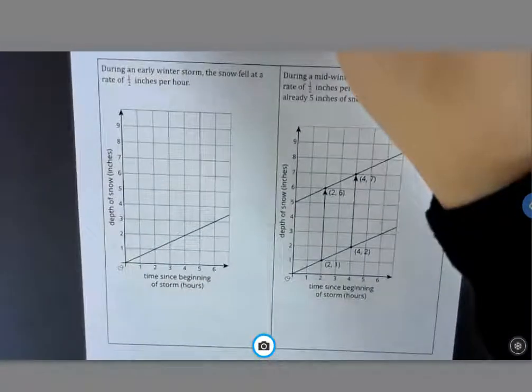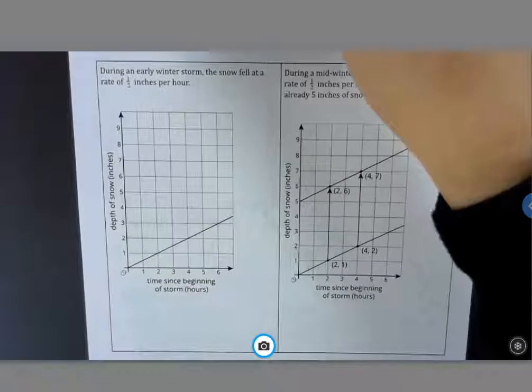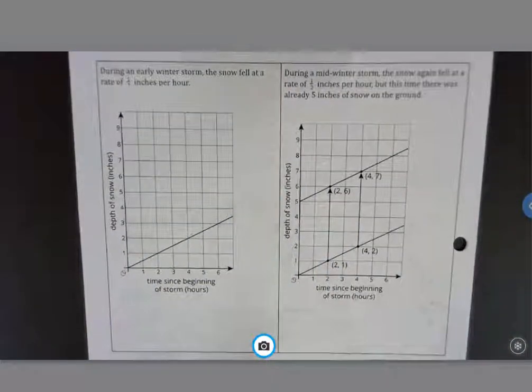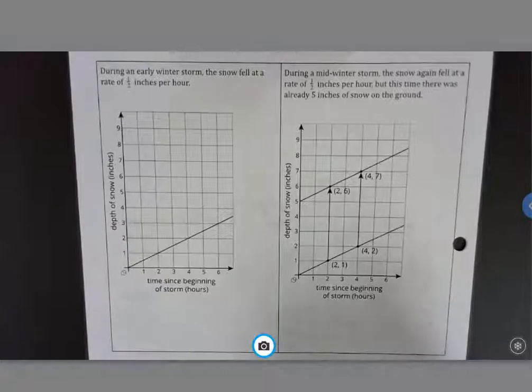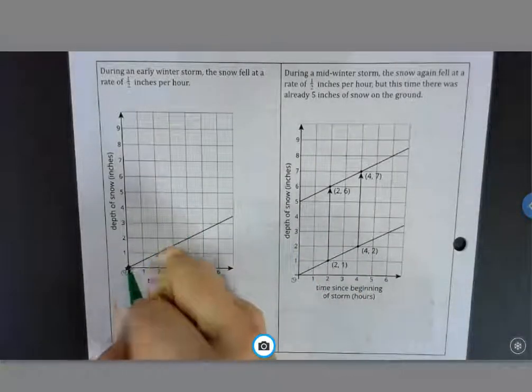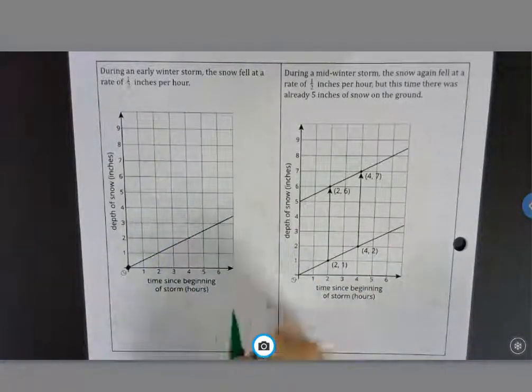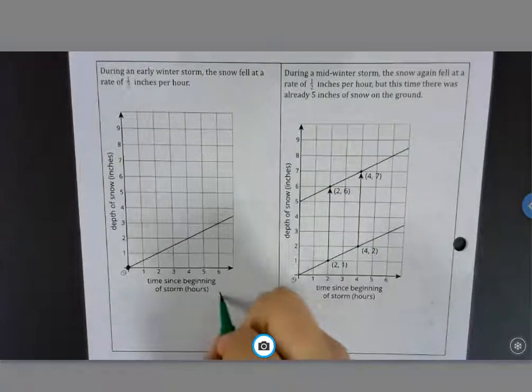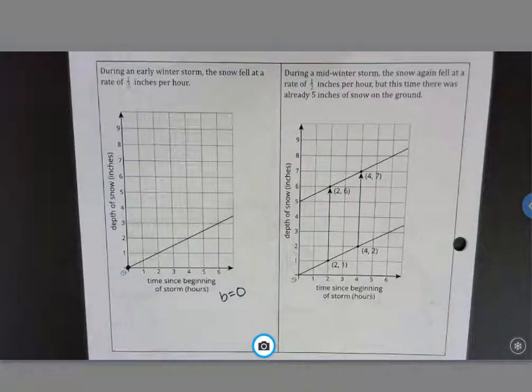All this is basically just reiterating the point. It says, during an early winter storm, the snow fell at a rate of 1/2 inch per hour, and they want us to write the equation for it. So I need the vertical intercept. It doesn't look like they start with any snow, so 0.